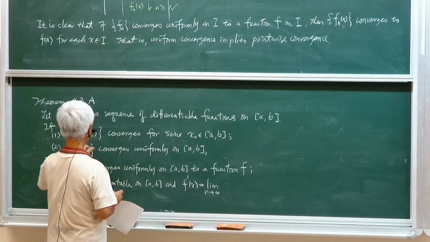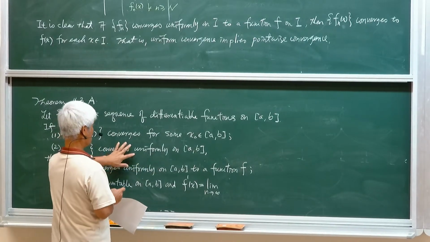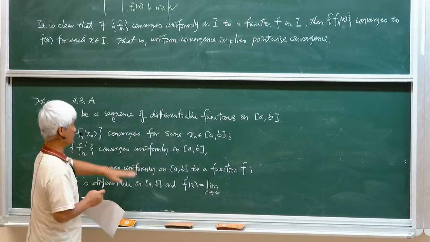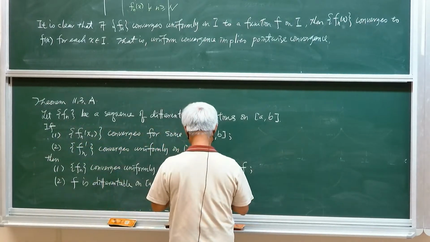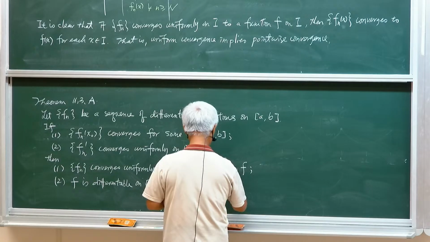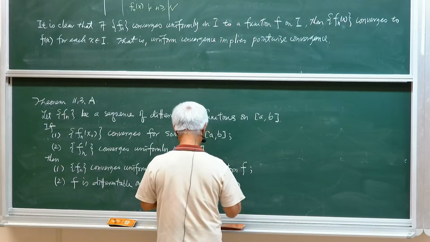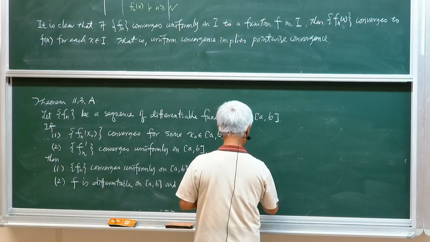Of course it converges pointwise, but we have a stronger condition. So this limit will exist for all x in AB.